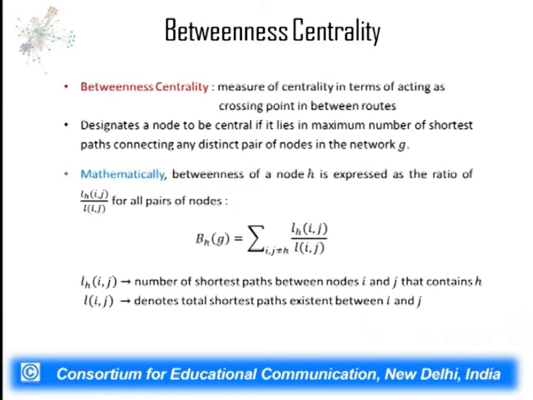And L_ij(h) is the number of shortest paths between i and j that contain the node h. There can be say 10 routes between two particular nodes, and out of those 10, maybe in 2 or 3 routes our particular node h is lying. This way we will find it out.